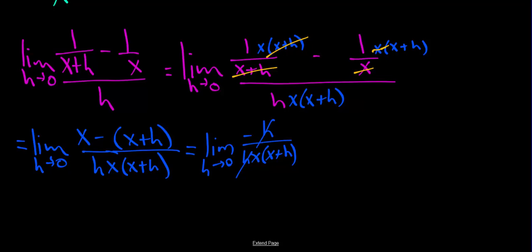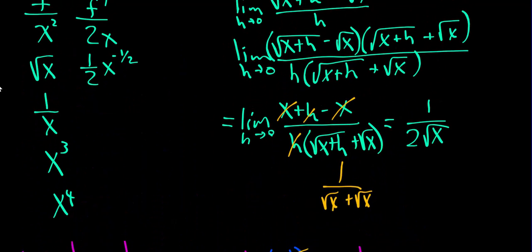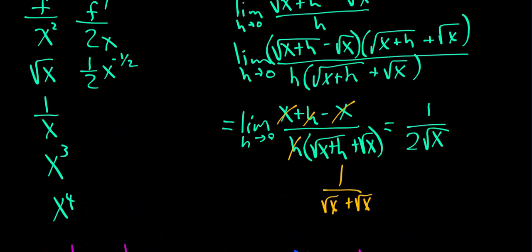And then if you let h go to 0, what you get is negative 1 over x squared. So what we found here is we're finding all these derivatives, these derived functions that measure rates of change for these functions. And if I go back up here, I've now found this one, and this one is negative x to the negative 2. That's what it is.